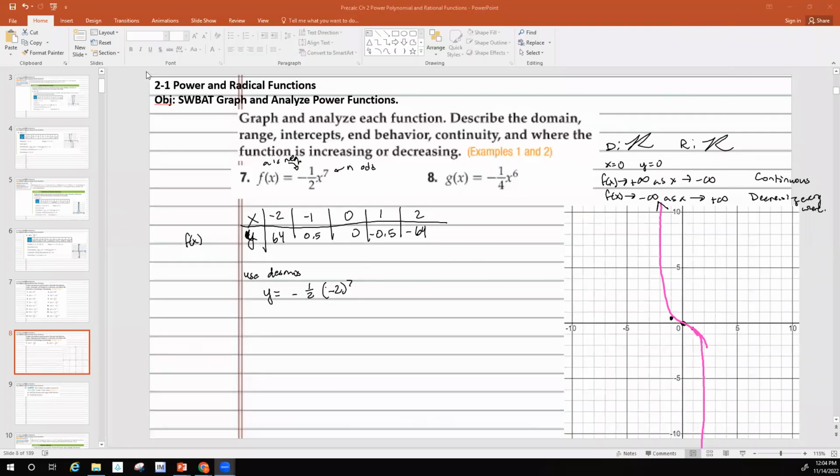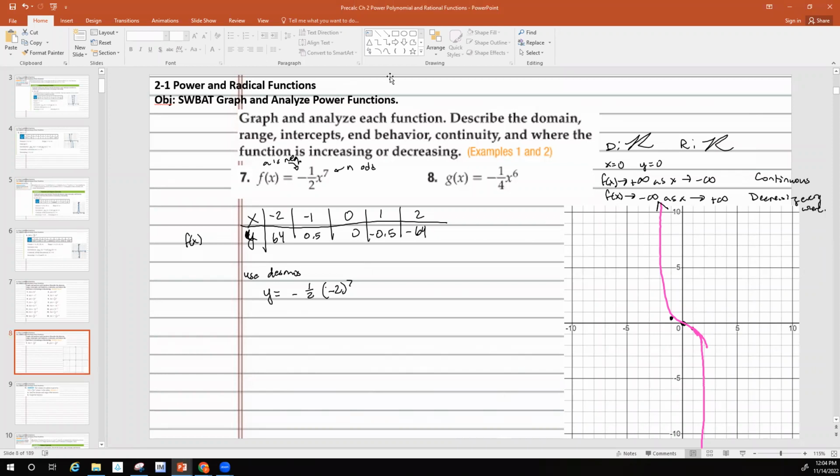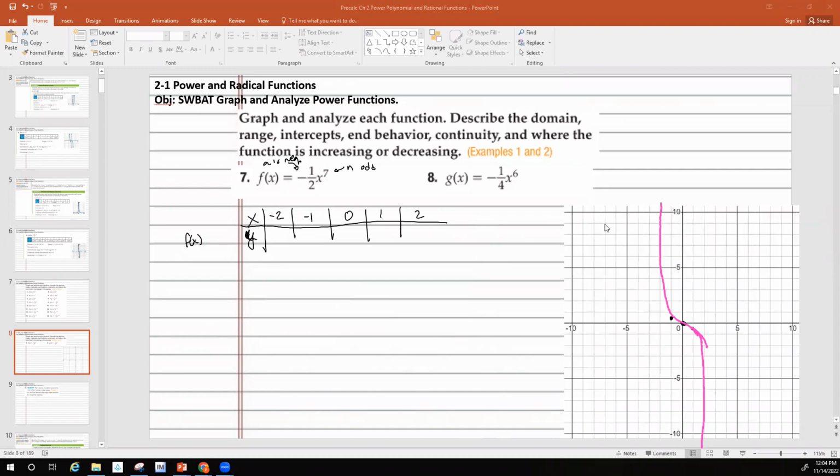Let's look at number 8. Number 8, it says g of x equals negative 1/4 times x to the 6th power.